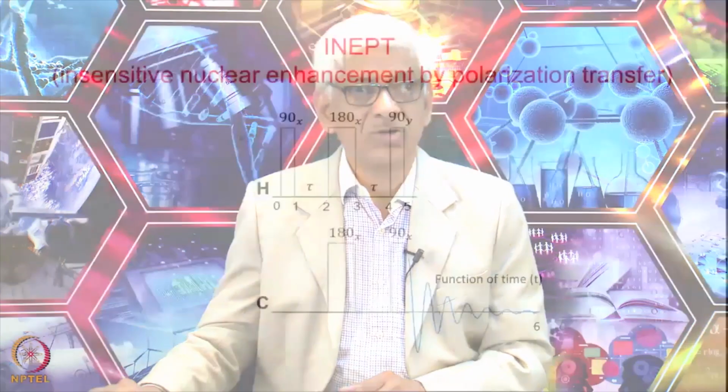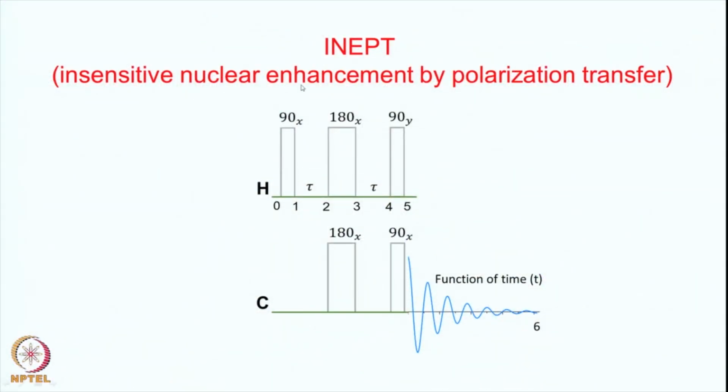INEPT stands for insensitive nuclear enhancement by polarization transfer. This experiment has actually been described to you in the previous classes by Professor Ashutosh Kumar, and this is a polarization transfer experiment where the magnetization is transferred from proton to an insensitive nucleus like carbon 13 or nitrogen 15.